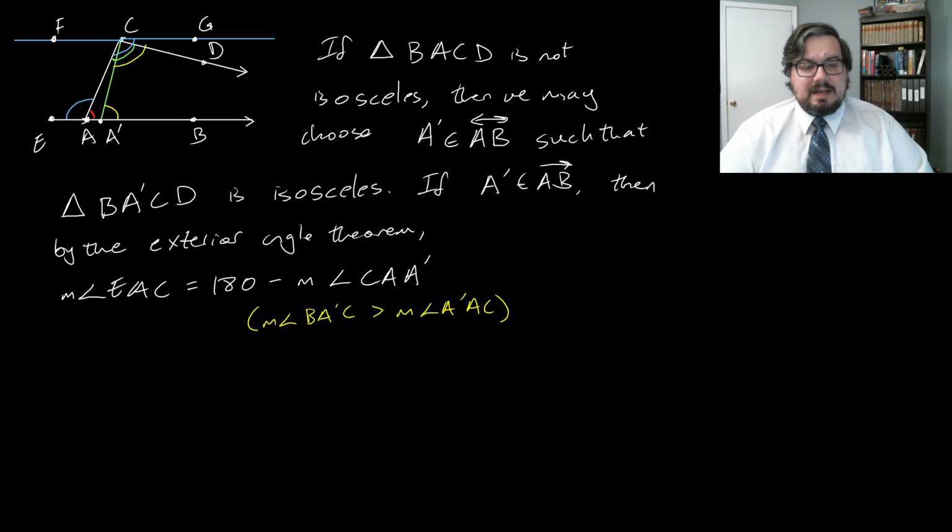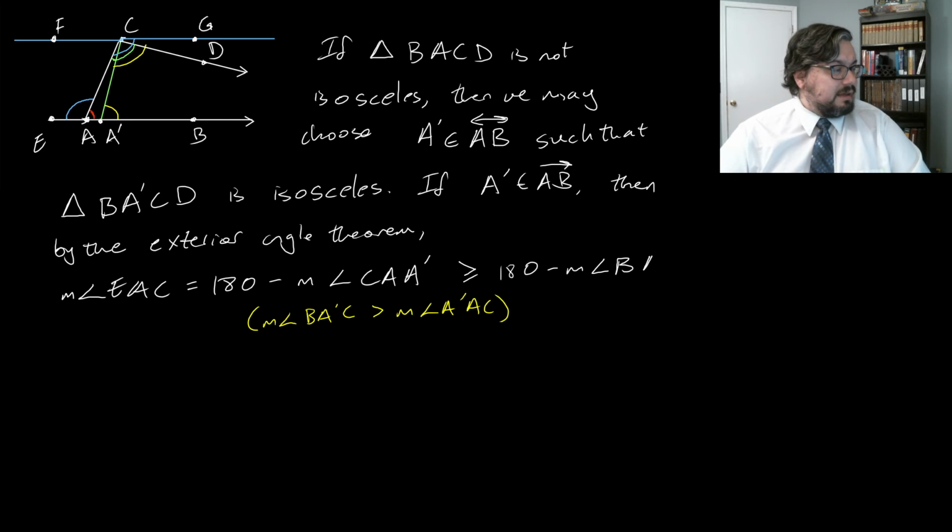But because the measure of angle CAA prime is being subtracted, that inequality reverses, and so 180 minus the measure of the angle CAA prime is greater than or equal to 180 minus the measure of angle BA prime C. Pardon me.